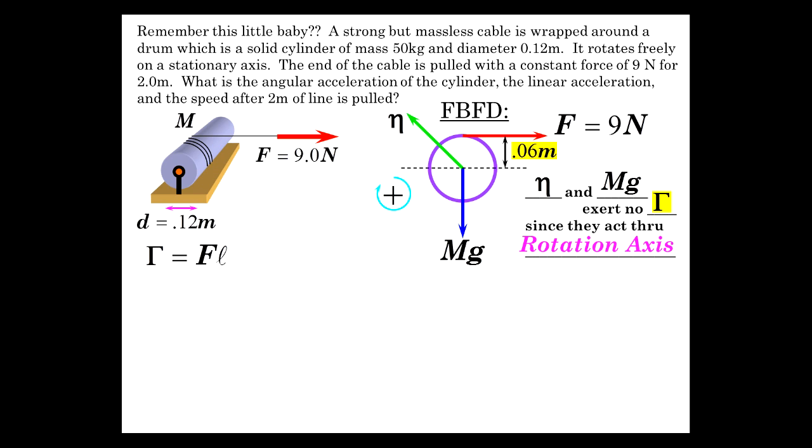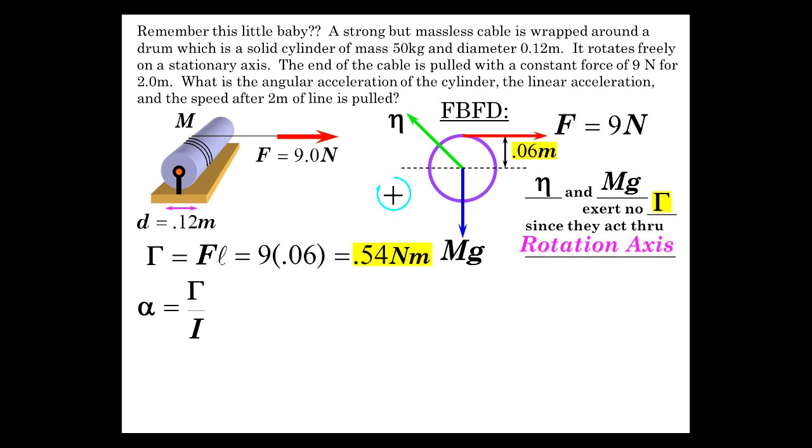Now, the torque is FL in this case, and the L is just simply the radius. Okay, so that's the essential L. So 9 times 0.06, 0.54 newton meters. The angular acceleration, we just learned about the relationship between angular acceleration, torque, and moment of inertia.